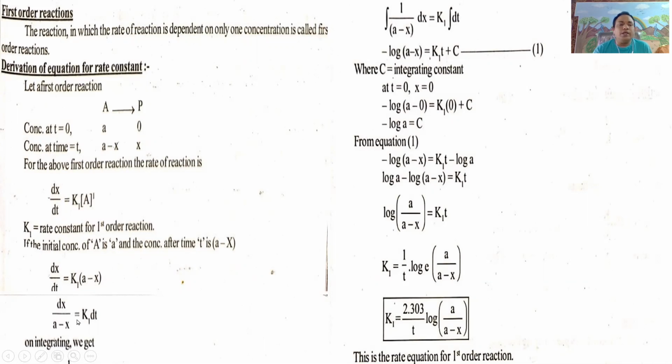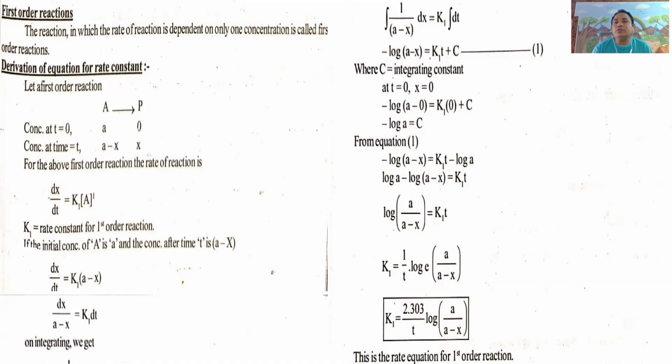Here, variable separable means bring x terms to one side and t terms to the other side. That is, dx by a minus x equals K1 into dt, which upon integrating on both sides, we get the integration of dx by a minus x equals K1 into the integration of dt.